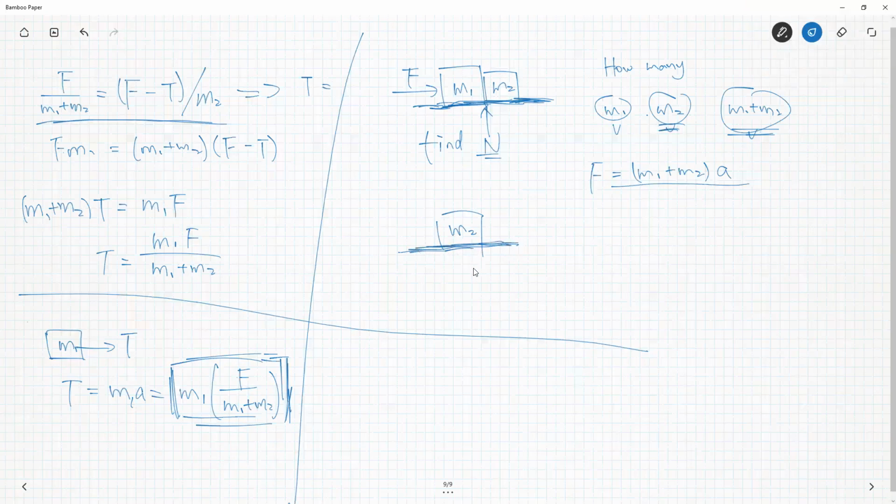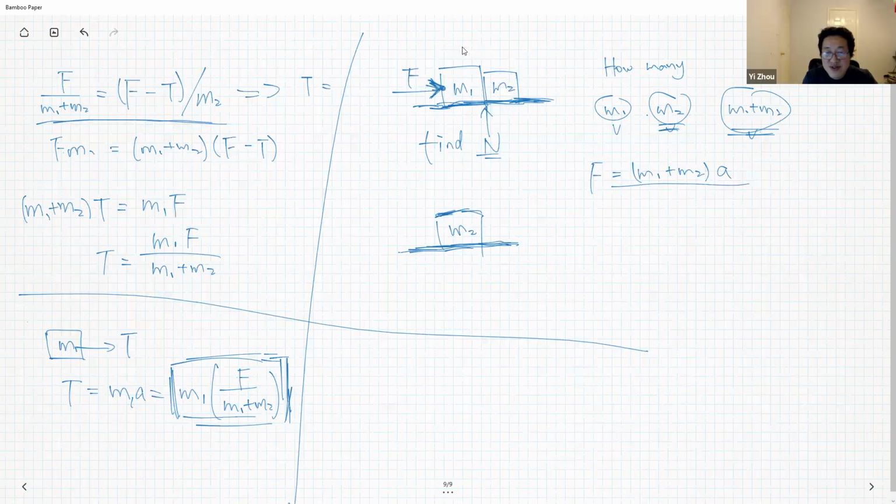Like the force acting on M1 and M2. The thing is, the force is acting on M1, right? So what force is acting on M2? The contact point is on M1, so this force is not acting on M2.